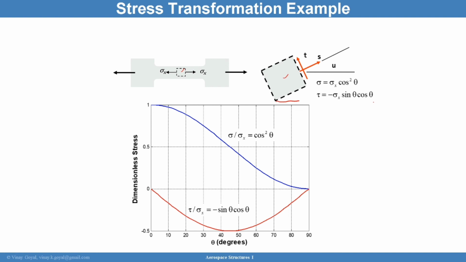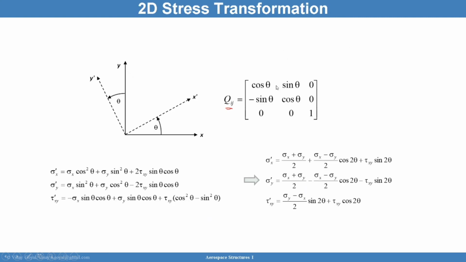I'm going to rotate it by an amount theta and then determine how the normal stress to that face, and the traction that's tangent to that face, change as I rotate this square. And I can use this relationship right here to determine that.